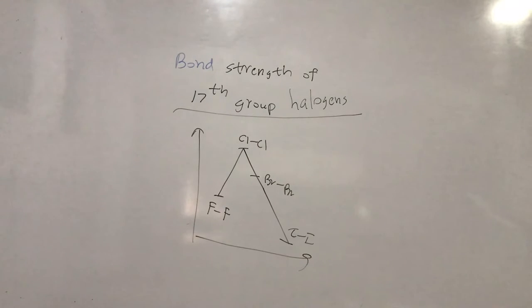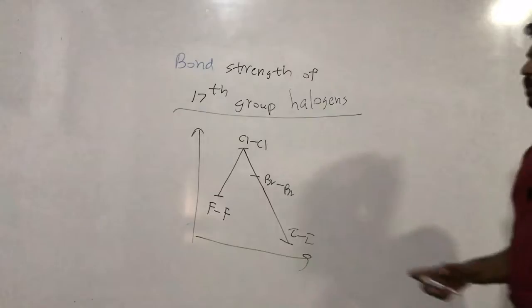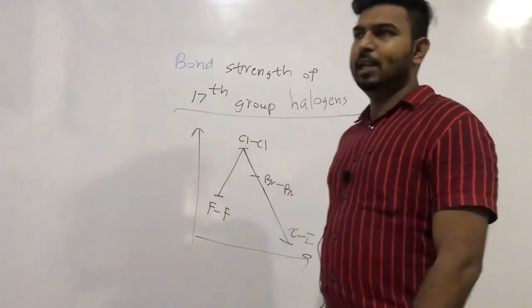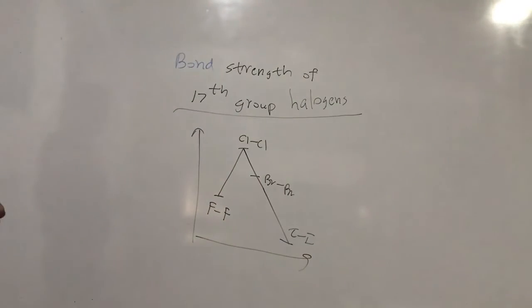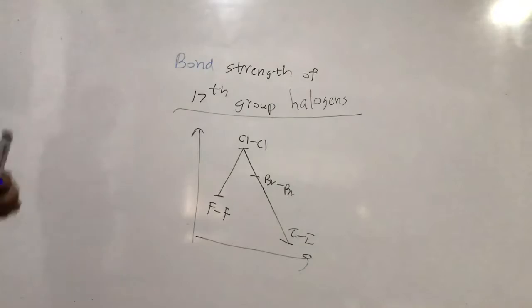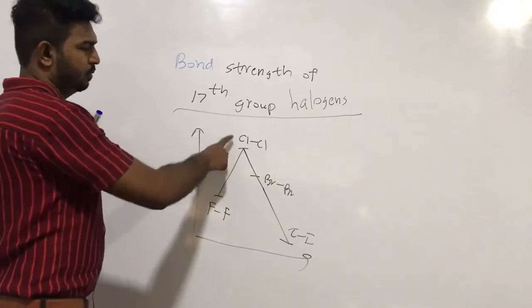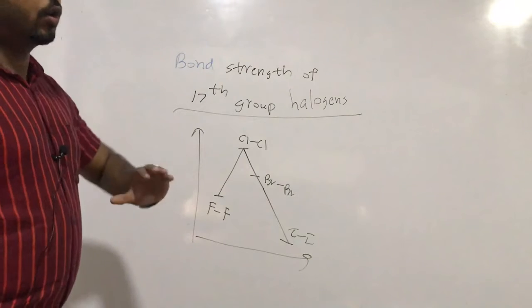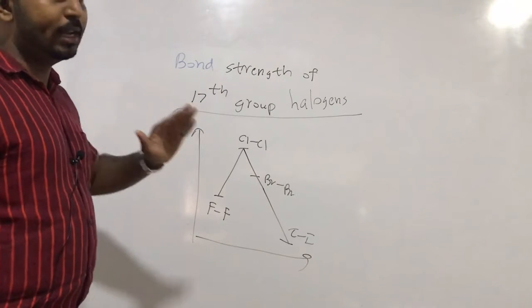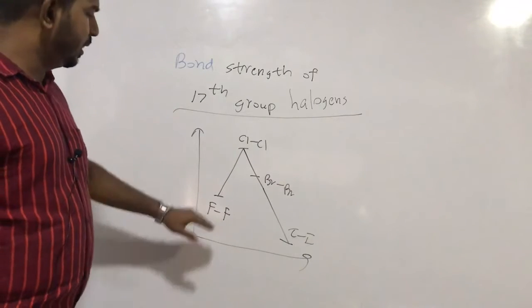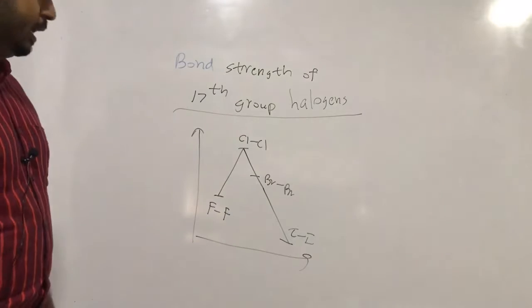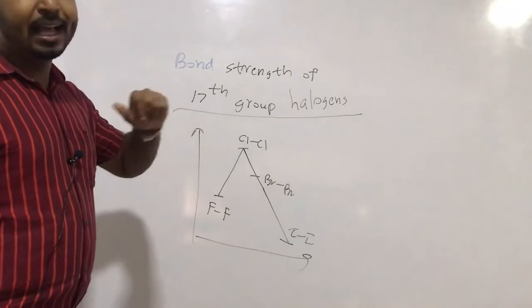We should be able to explain this phenomenon using bond strength. So today we can say that since chlorine has more bonds than fluorine, chlorine has the highest bond strength.